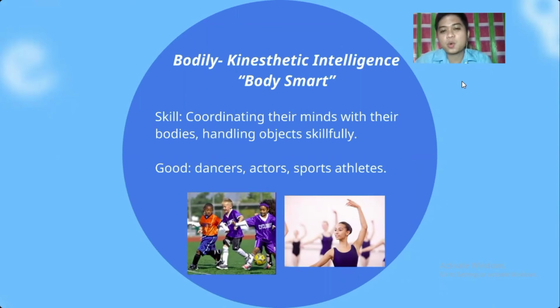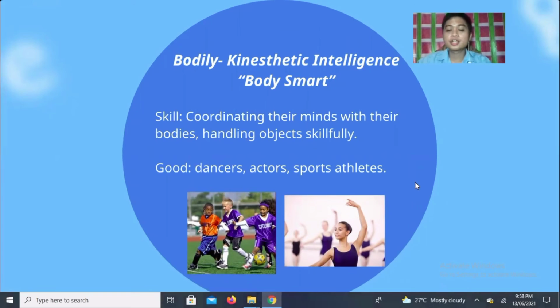Their skill is coordinating their minds with their bodies, handling objects skillfully. They are very sporty, like sports athletes and actors. They're good at dancing and acting because they are body smart.